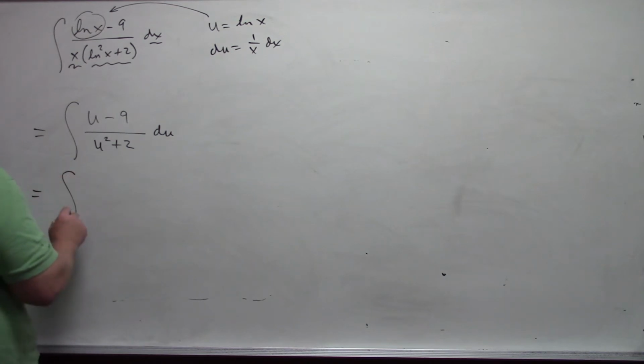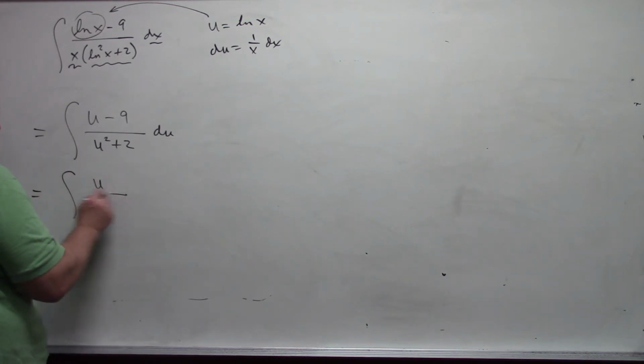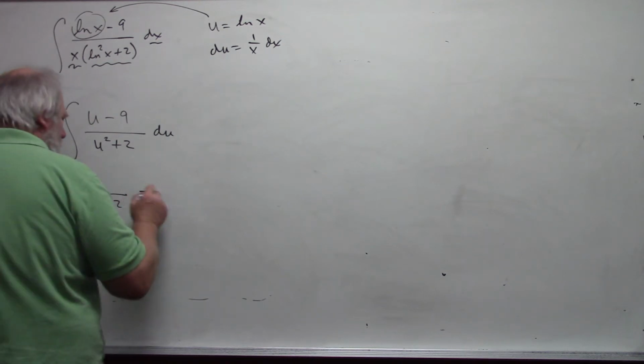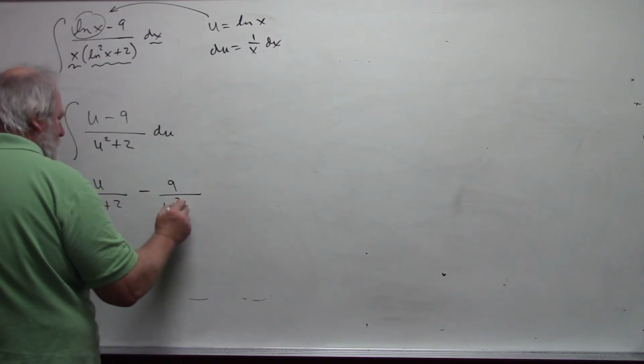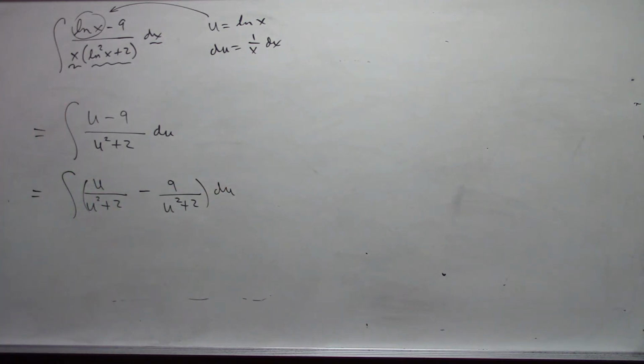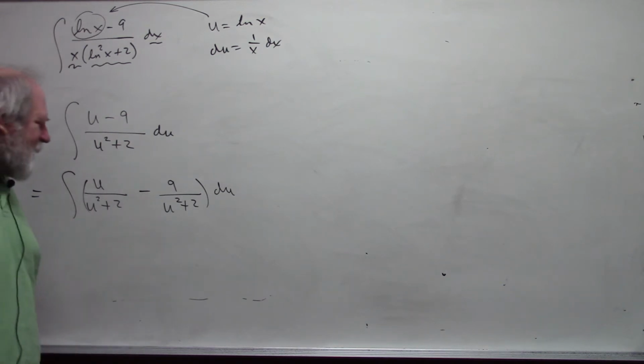I will break this apart as u over u squared plus 2 minus 9 over u squared plus 2. And the reason why I want to do that is the first piece is a u sub, the second piece is a basic form.